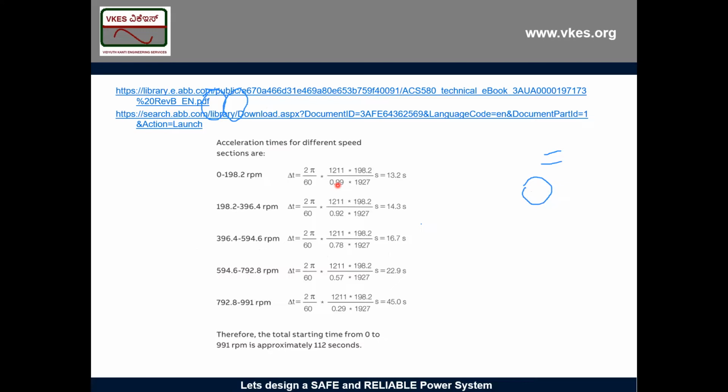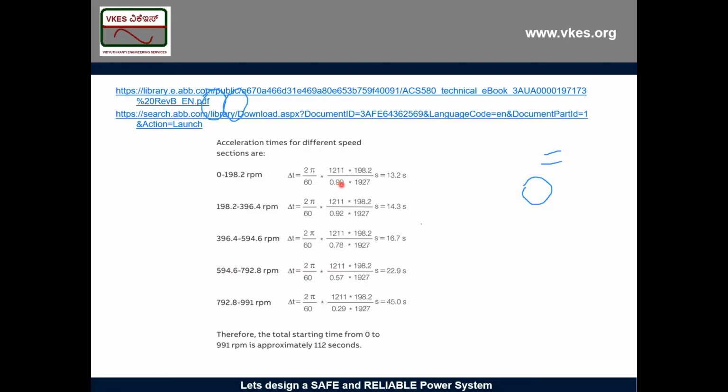Yes, if it's running at speed, it's zero. So basically the motor should not accelerate when it is running. Accelerating torque is zero. So basically Tm minus TL will be zero, Ta is equal to zero. So here you see, when the motor is starting, the accelerating torque is high. That's why he has taken 99%.